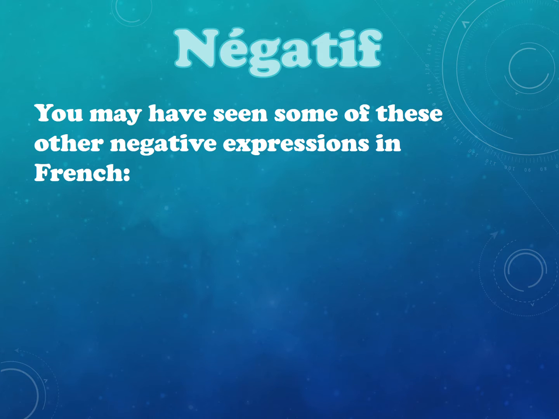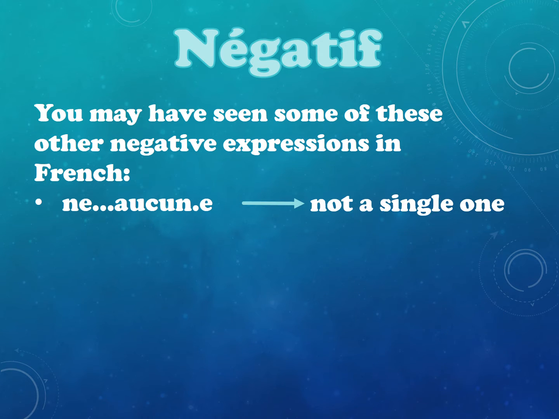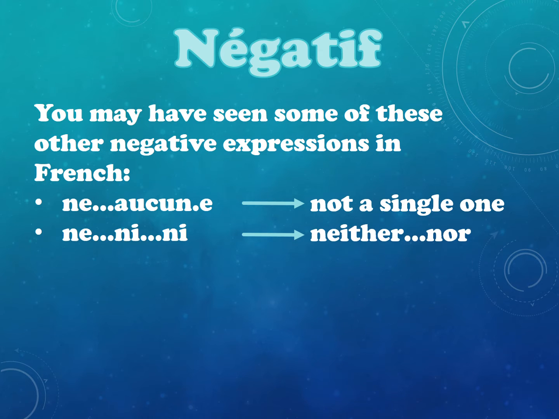So some of these other expressions you may also have seen, but they might be new. Ne aucun or aucune means not a single one, none at all. Ne ni means neither nor. In English, we usually say or, even if it's negative, but technically, you're supposed to use neither nor if it is negative.